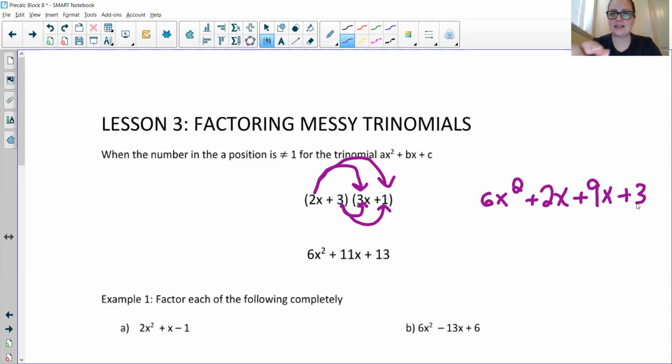And then you would have a second step because you have two like terms, and you would group them together. So you would rewrite this expression out as 6x squared, and then 2x plus 9x is 11x, and then the other term is a positive 3, and then you are done.